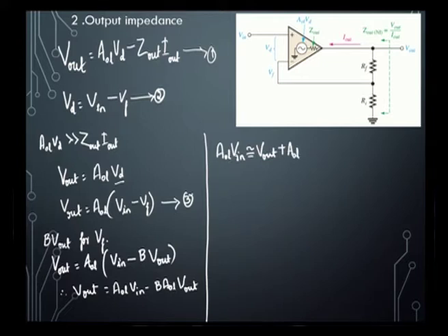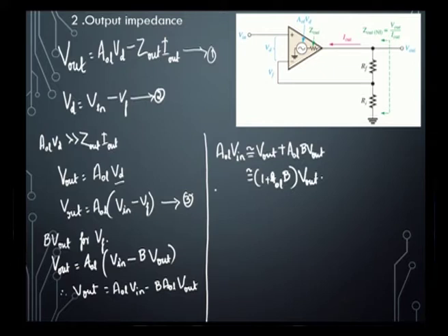AOL into V in is approximately equal to V out plus AOL into B into V out, and this will be equal to 1 plus AOL into B into V out. So, here we need to add Z out.